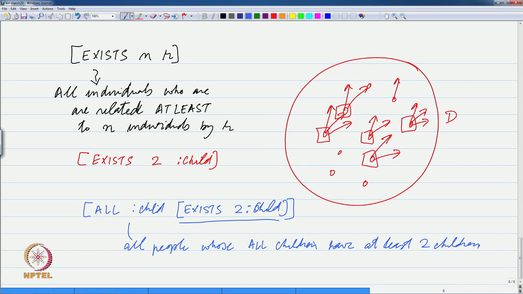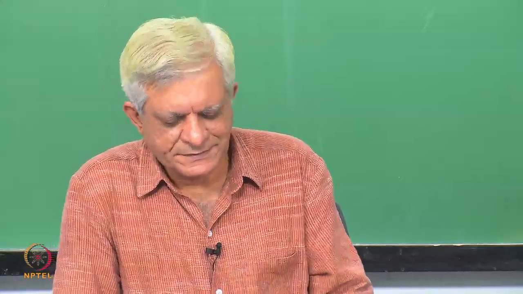So, these two concepts that we have looked at, all and exists, can be combined. In fact, any concept can be combined. Wherever we use the term concept, we can put in a compound concept essentially.